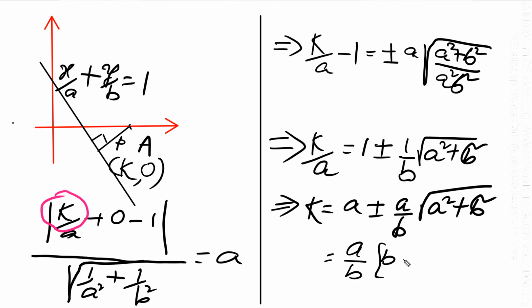You will get then B plus or minus root over A square plus B square. That's it. That is the answer. I have taken A by B common.